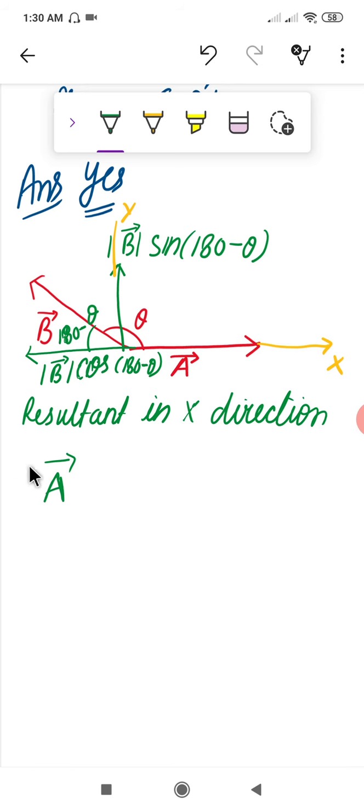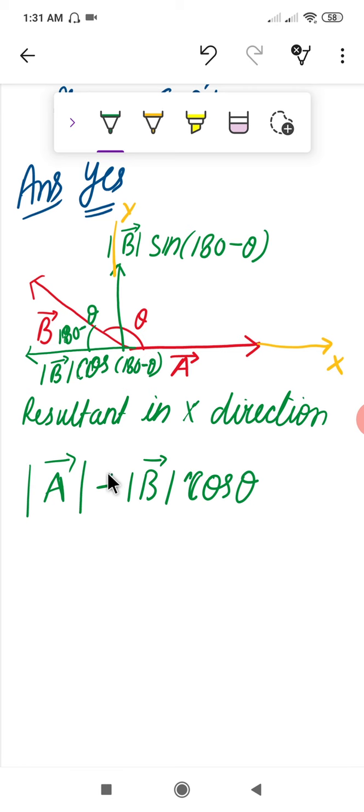So in x direction the magnitude of A is subtracted by B cos (180 minus theta), but you know that 180 minus theta lies in the second quadrant, and in the second quadrant cosine is negative. So cos (180 minus theta) is minus cos theta.